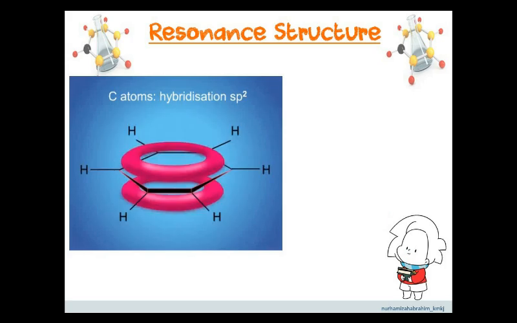In reality, all 6 unhybridized p orbitals contribute their electrons to a continuous, torus-shaped pi cloud, encompassing all the carbon atoms. The presence of this sextet of delocalized electrons, distributed on both sides of the ring plane, is the most characteristic feature of aromatic compounds.